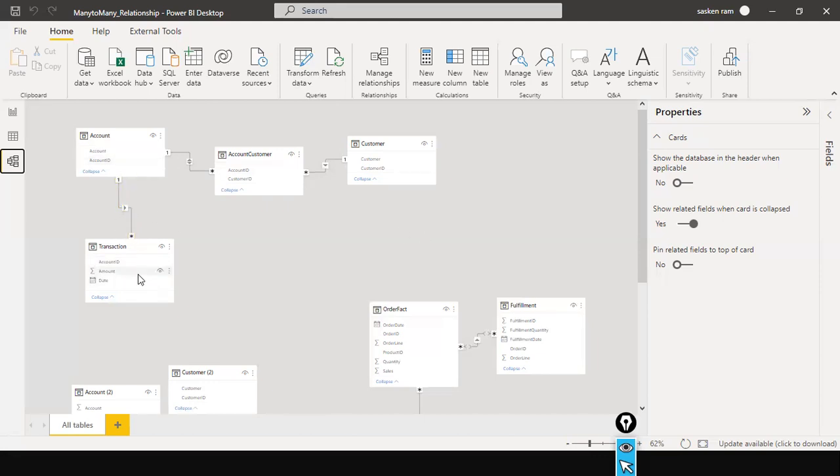It is doing the filtering correctly, but since the customer table is not directly linked with the transaction table, it cannot do the proper filtering. But here what we did, we created another table, but again, you cannot use this table to filter that table because there is no direct relationship.